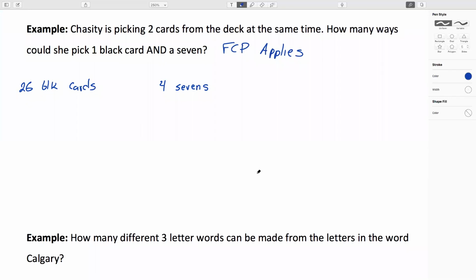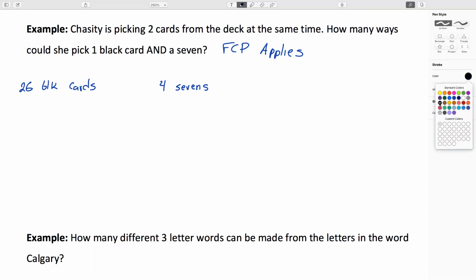Oh, actually, we need to be a little bit careful here. Number of ways to pick a black card and a 7. We just have to make sure that if we were to pick a 7 out of the black cards, like a black 7, we would only have the other suits available for our 7.